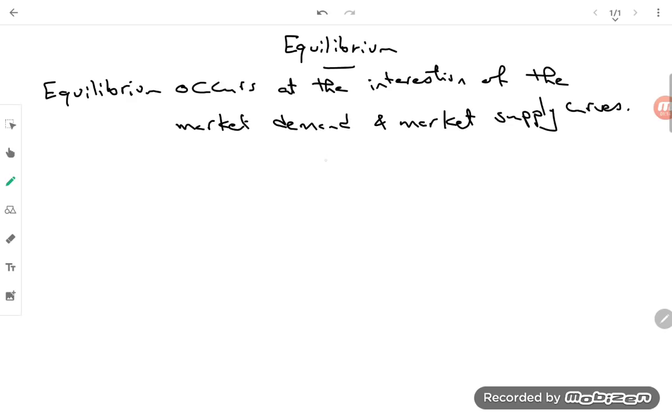At this point, quantity demanded will be equal to quantity supplied.